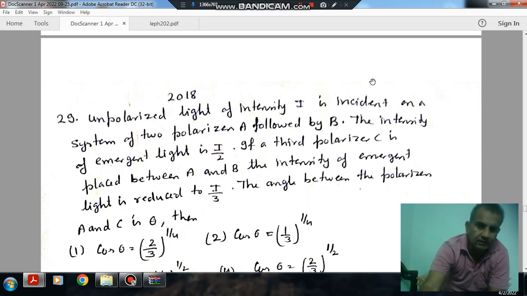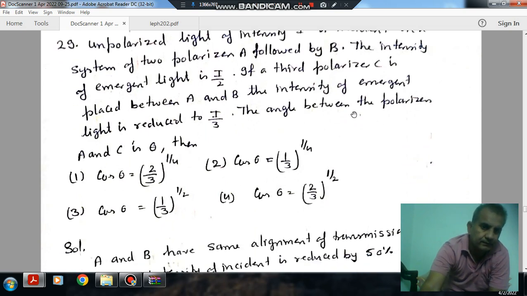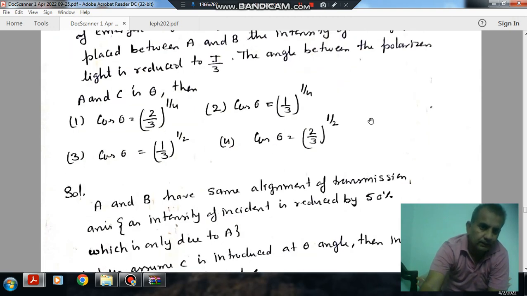The angle between the polarizers A and C is theta, then: 1, cos theta is equal to (2 by 3) raised to power 1 by 4; 2, cos theta is equal to (1 by 3) raised to power 1 by 4; 3, cos theta is equal to (1 by 3) raised to power 1 by 2; 4, cos theta is equal to (2 by 3) raised to power 1 by 2.